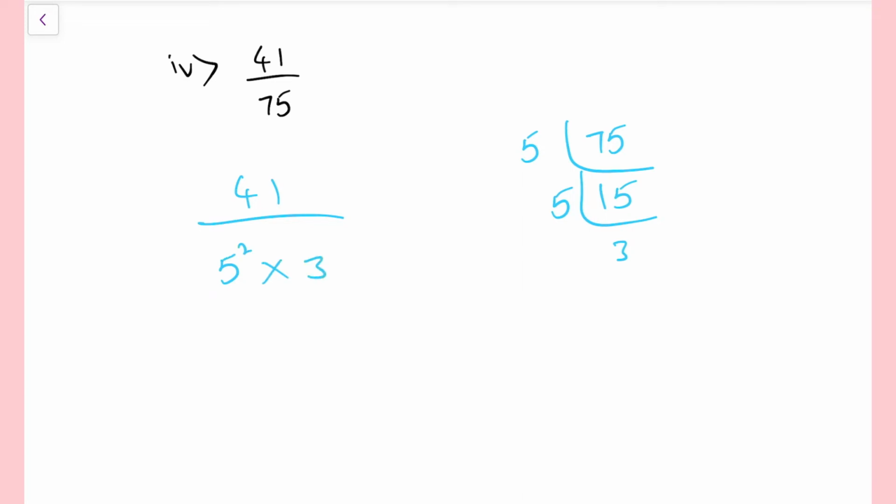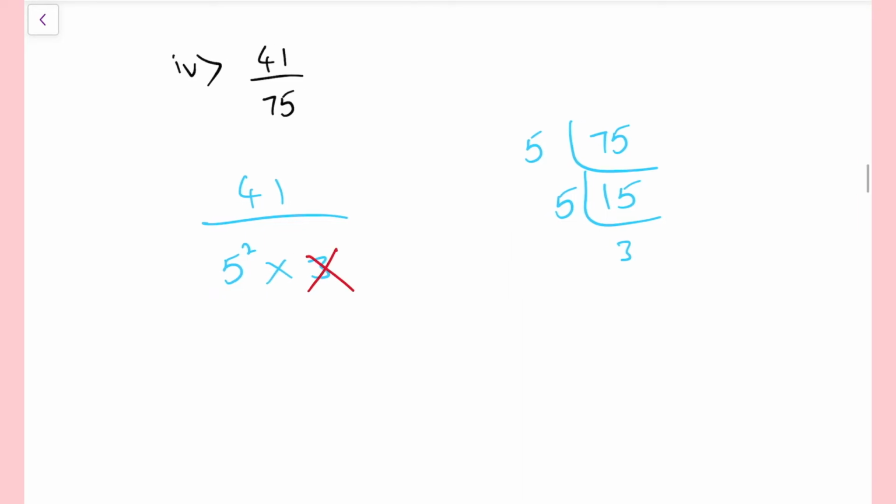Now, as I said, in the denominator, we should have only 2 or only 5 or both 2 and 5. So, no other number. But here, some other number 3 is there. So, that is the reason this denominator is not in the form of 2 power n into 5 power m. This sentence is a must every time. So, it has a non-terminating repeating decimal.